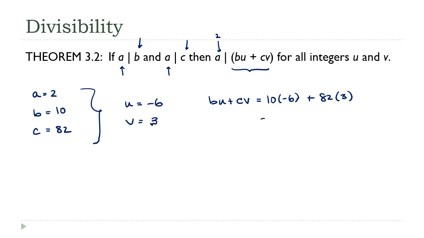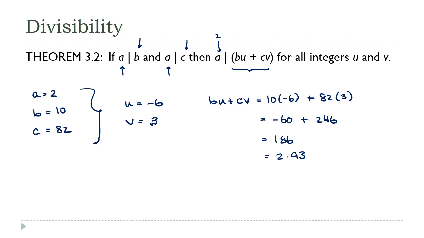This is -60 plus 8 times 3, which is 24, 246, which is, I believe, 186. Yeah, 186 is 2 times 93. So yes, 2 does divide BU plus CV.